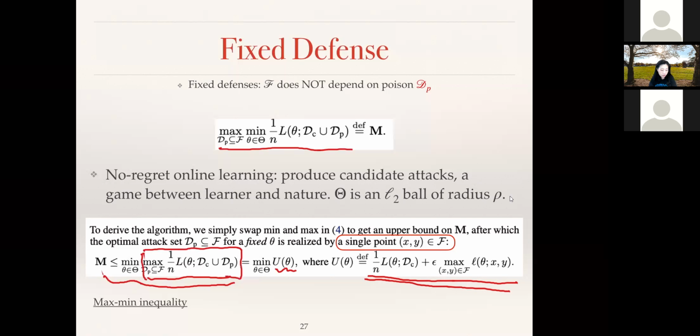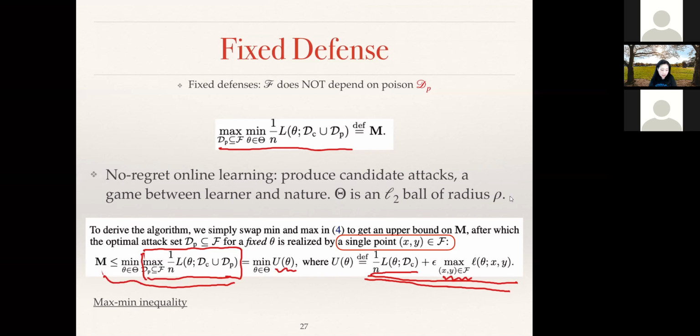Now I have a part that is not related to my D_P, so this is just that. But I do have another part that is related to D_C, which I have to maximize because I have a worst-case scenario. That's why I maximize over the points within my feasible set.